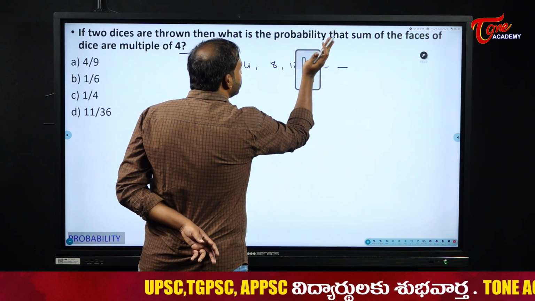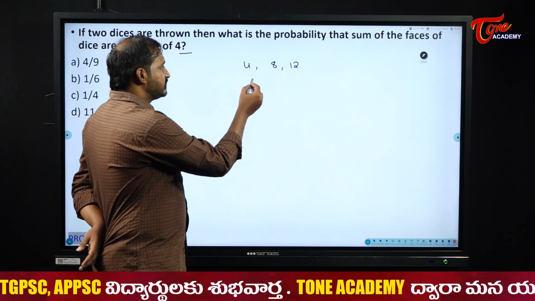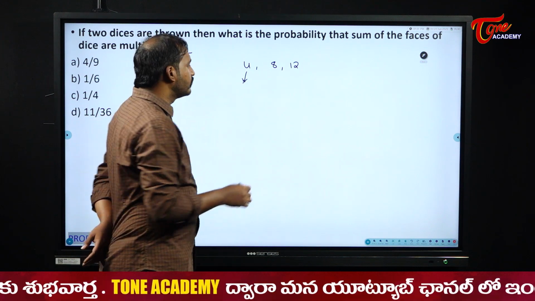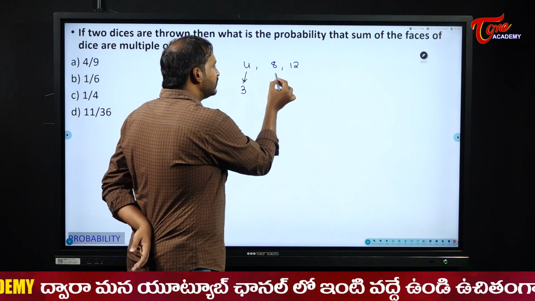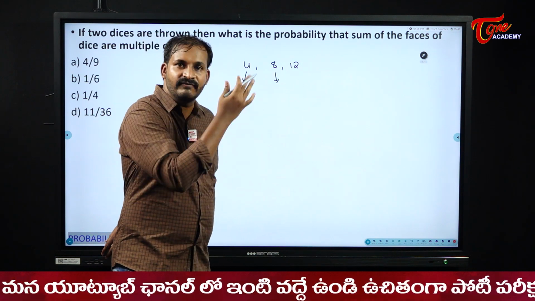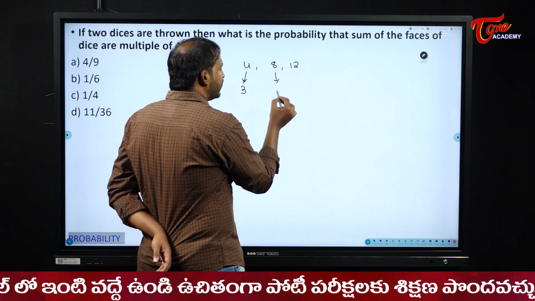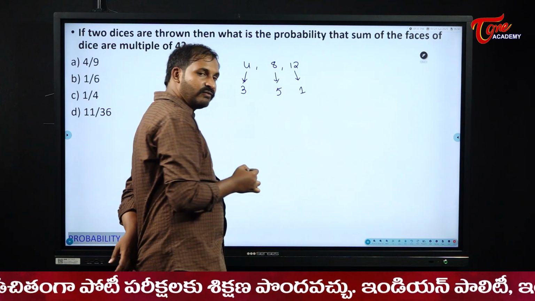Because the maximum value when we throw 2 dice is 12. So to get 4, how many ways? 3 chances. To get 8, till 6 it will go up to 7 and from 7 onwards it will start decrementing, right? So to get 8, how many times? 5. To get 12, 1 chance.